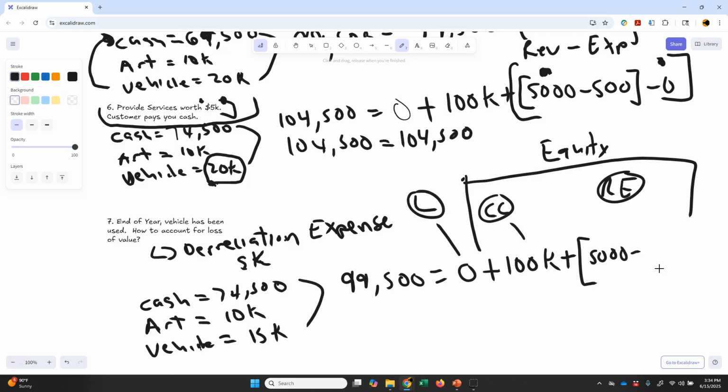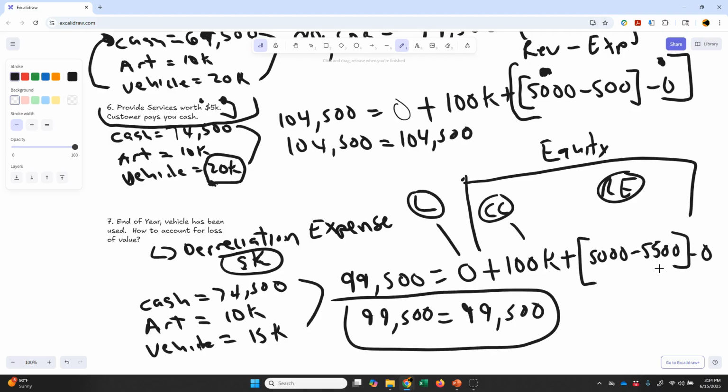Now we have $5,500 of expense because we have this new $5,000 depreciation expense. And then we had that utility expense from before. So our total expenses are 5,500. We did not pay a dividend. And so when we do this math, we get to 99,500. And we can see that this symmetry is still maintained.